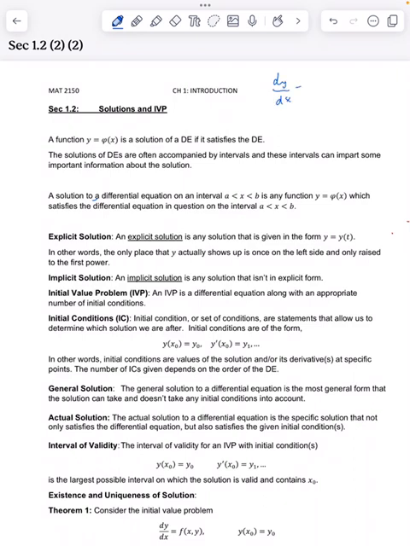So if we have an equation like this, dy by dx equal to some function, let's say f of x, y. So the solution will be, of course, we want to find the y, but y is going to be a function. Now you can call it phi of x, f of x, g of x, whatever name, it doesn't matter.